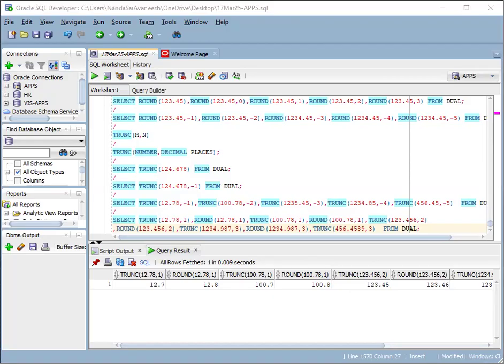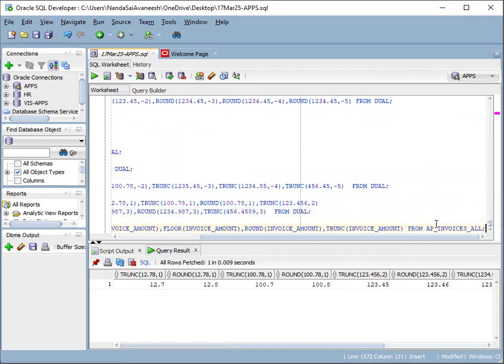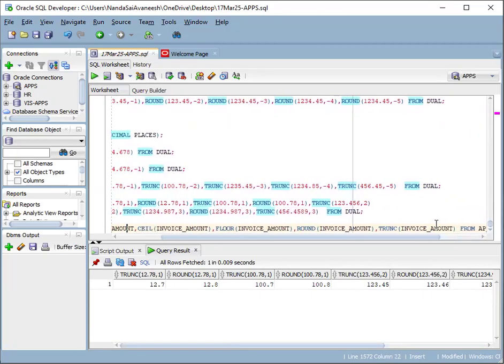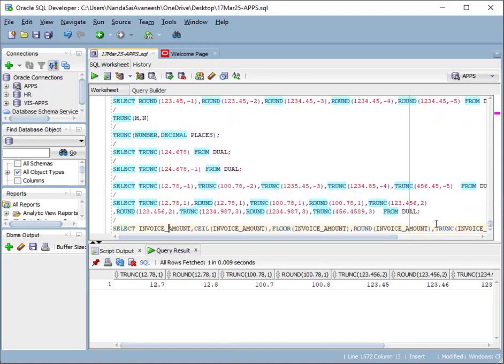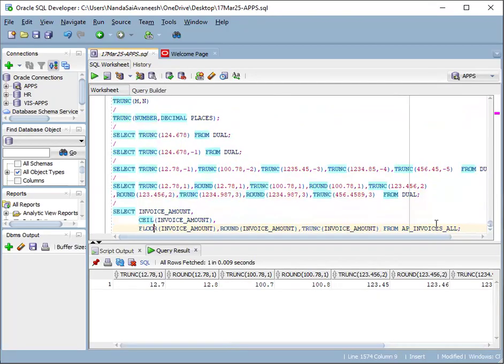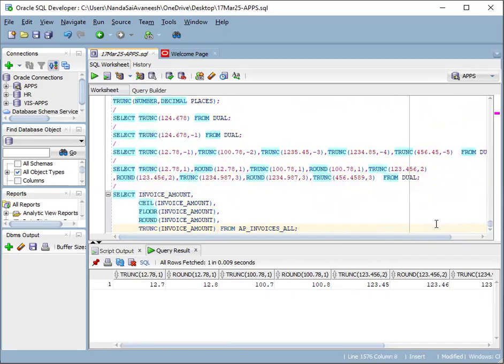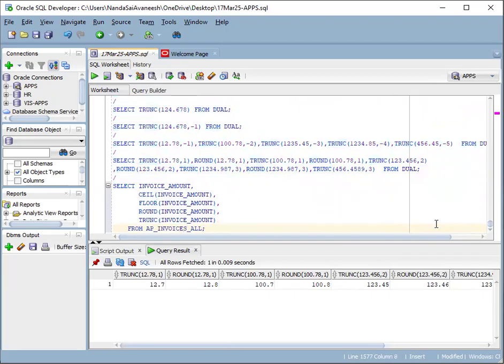Suppose we have the AP invoice table, and how will you use this in real time? You can use this. Invoice amount, ceil, floor, round, trunk.